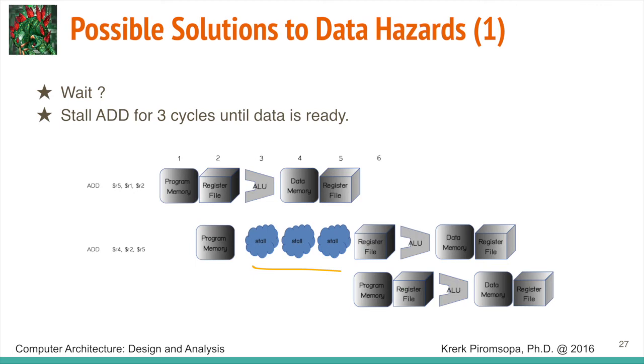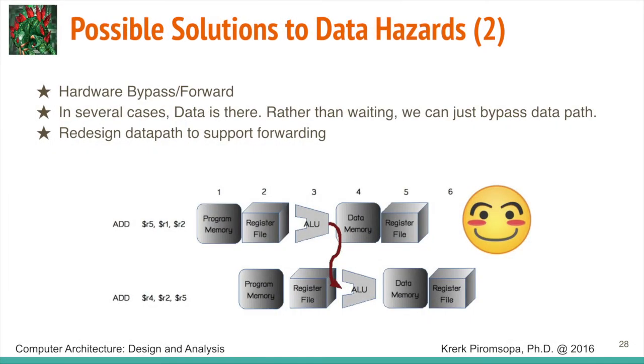But do you really want to do that? 3 cycles? Maybe not. So another idea is maybe we can forward it a little bit. Well, if you take a look at it, like for this example, the first instruction produces R5. The instruction after wants to use R5. Rather than wait until you got R5 written back, we actually got R5 right here. You already got the solution.